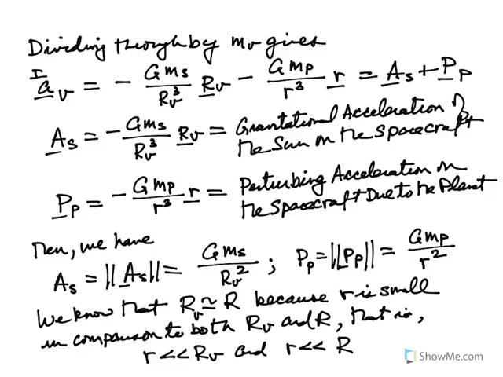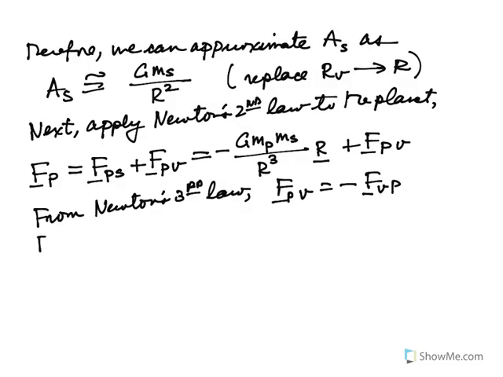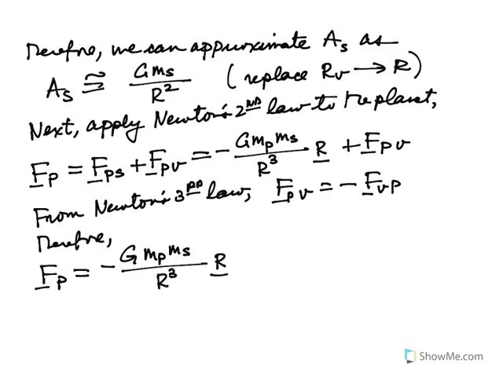So as a result, we can substitute that in, and we get that the force exerted on the planet is equal to minus G times the mass of the planet times the mass of the sun, all divided by R cubed times R, and then plus G times the mass of the planet times the mass of the vehicle, all divided by r cubed times little r.